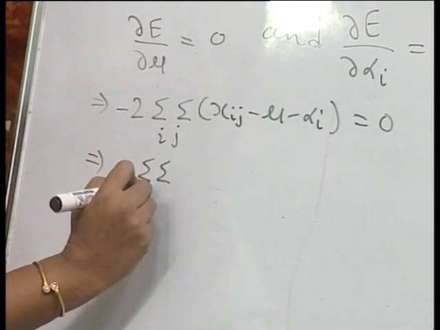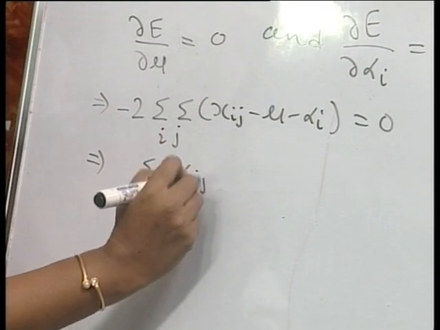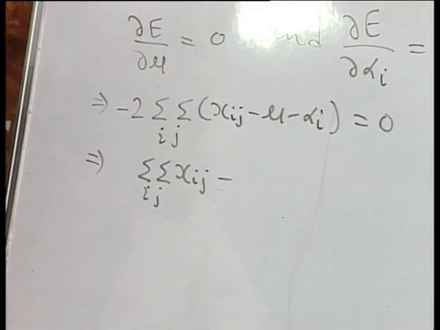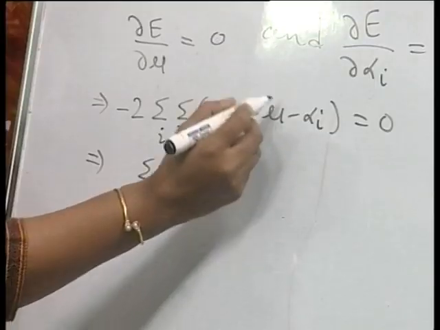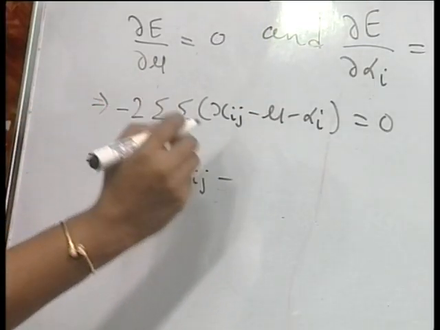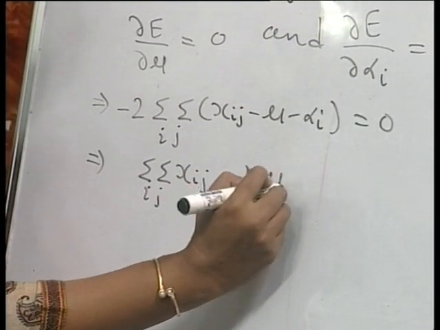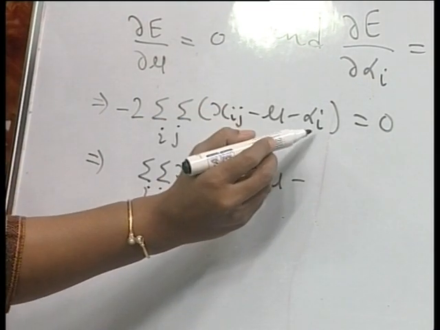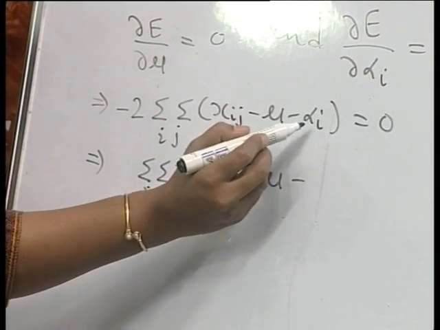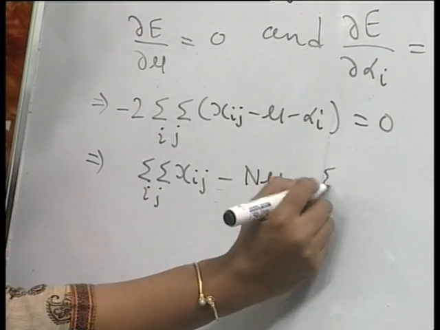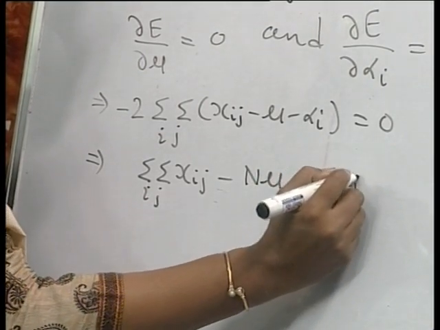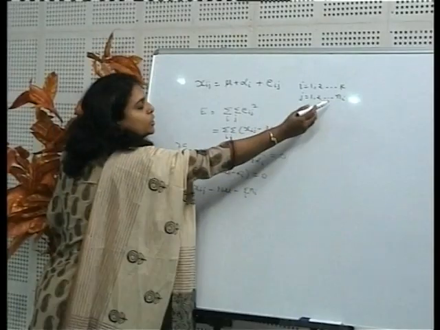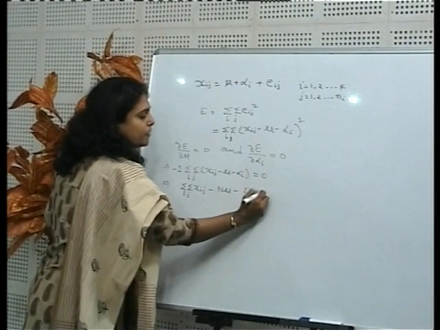Applying summation on each term, we get double summation Xij minus, since mu is free from both i and j, we can write this as N mu, minus, this term is free from j but not from i, so we can write this as summation over i, and since j ranges from 1 to ni, this is ni alpha i.